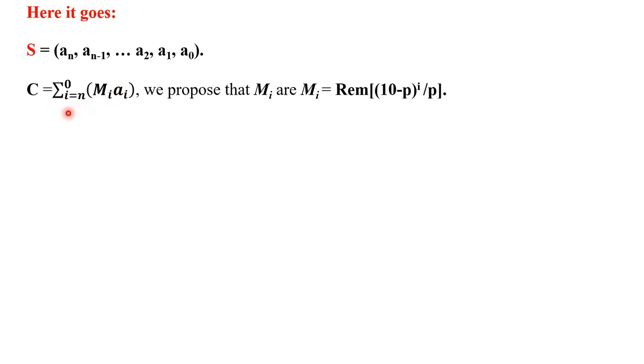Okay. So that is your C. Now, what is that m_i? m_i is nothing but the remainder of (10 minus p) to the power i by p. So p is the prime number by which you are dividing the number s, and (10 minus p) to the power i, that is your m_i, where i goes from 0 to n.